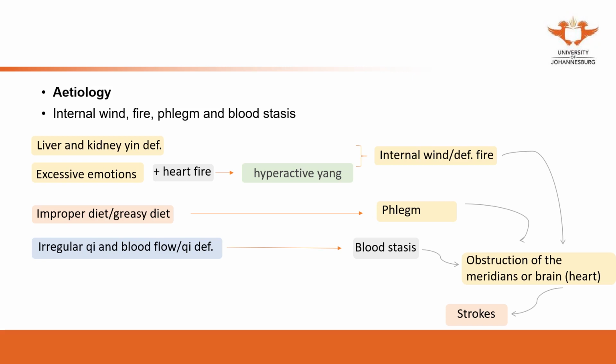Although there's no term of stroke in 黄帝内经, 黄帝内经 described the symptoms of stroke. It explained the reason why the patient suffers from disease in half part of the body. The half part of the body is the hemiplegia. We also described in Ling Shu, the second volume, where the wind comes from.